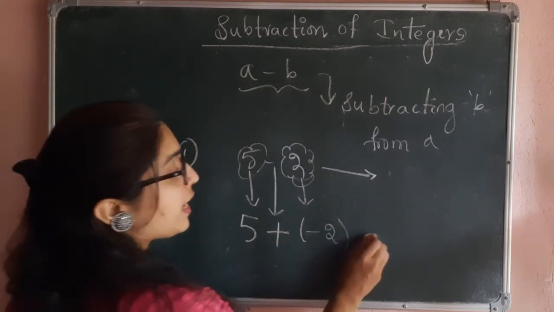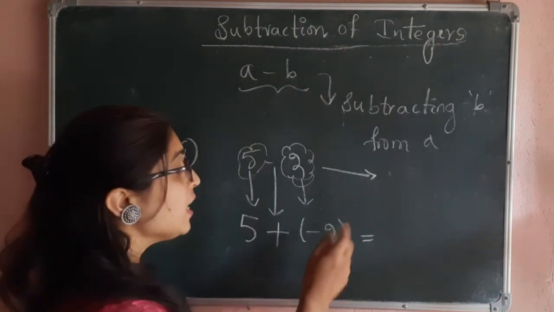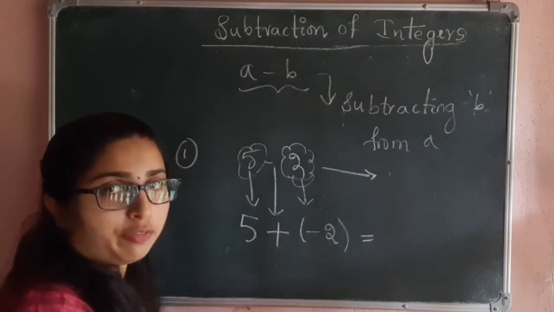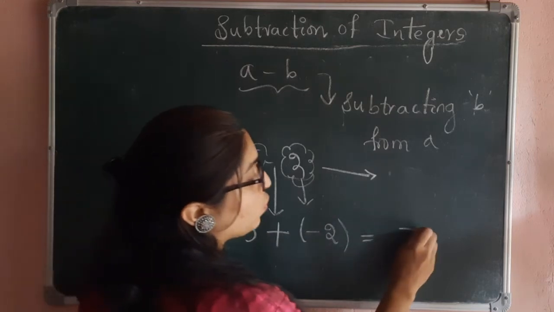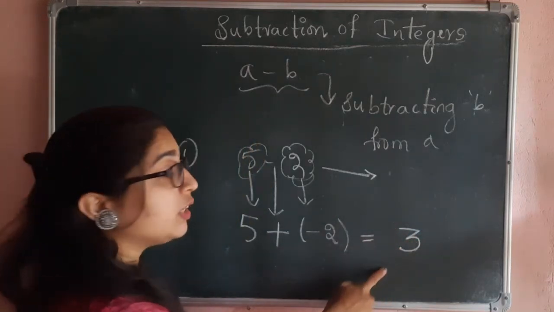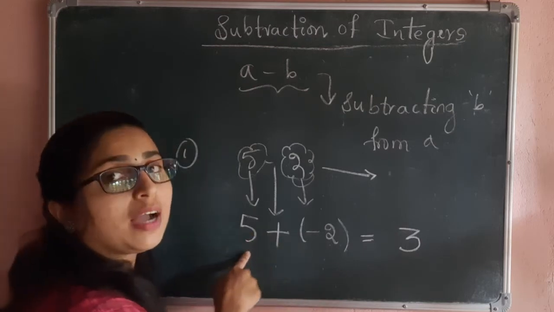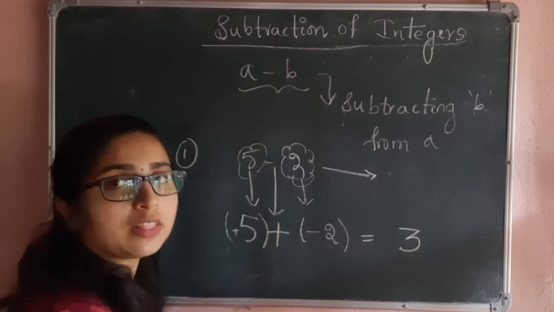I have already taught you about the addition of integers, and here the two integers have different signs. In that case, I will find the difference: 5 minus 2 is 3. Then I will place the sign of the number having the greater absolute value. Here 5 is greater than 2, and the sign associated with it is plus.